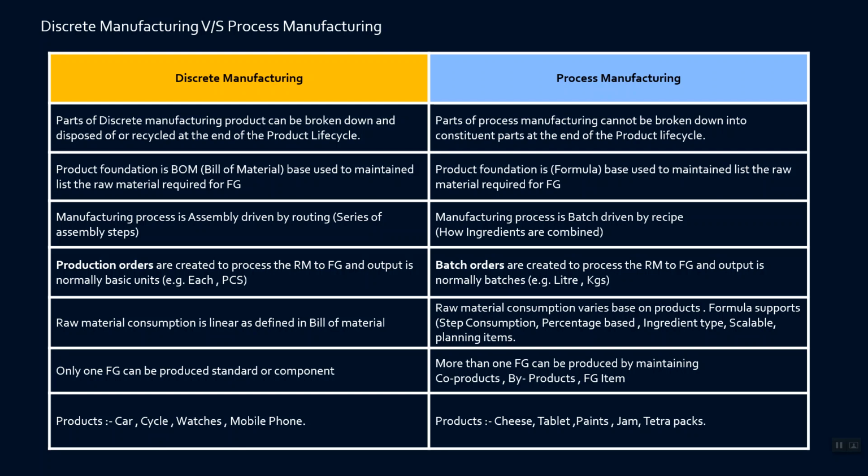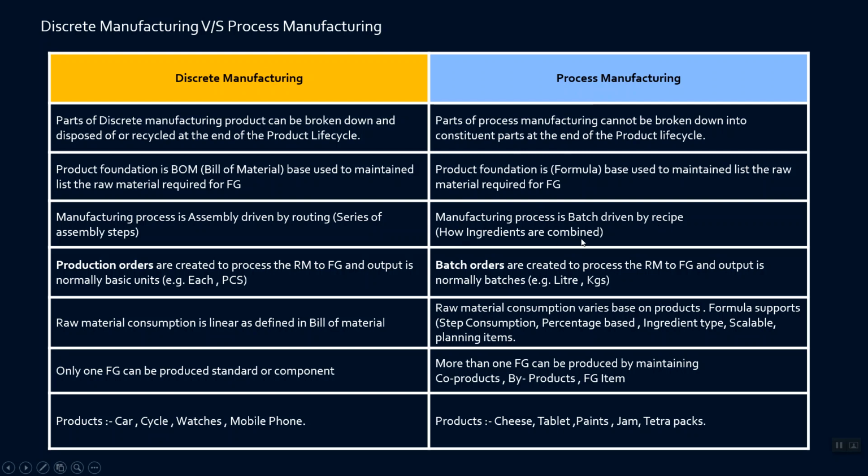In discrete, you will use bill of material. Okay, in process, you'll use formula. In discrete, assembly is driven by routing. A series of steps of assemblies are carried out, so those are the routings which are done. Whereas in process manufacturing, batch orders are created.